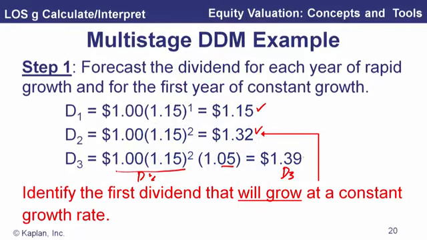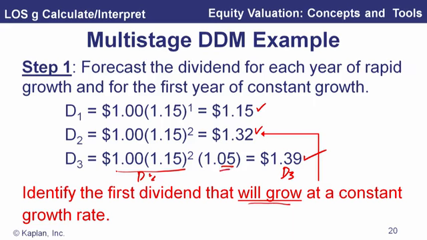Now, in order to use the constant growth model, we have to plug in a dividend that will grow at a constant rate forever, so we can divide it by K minus G. Now, you see in the CFA curriculum, they often say, plug this one in. Well, I'm suggesting that you identify the first dividend that will grow at a constant rate.